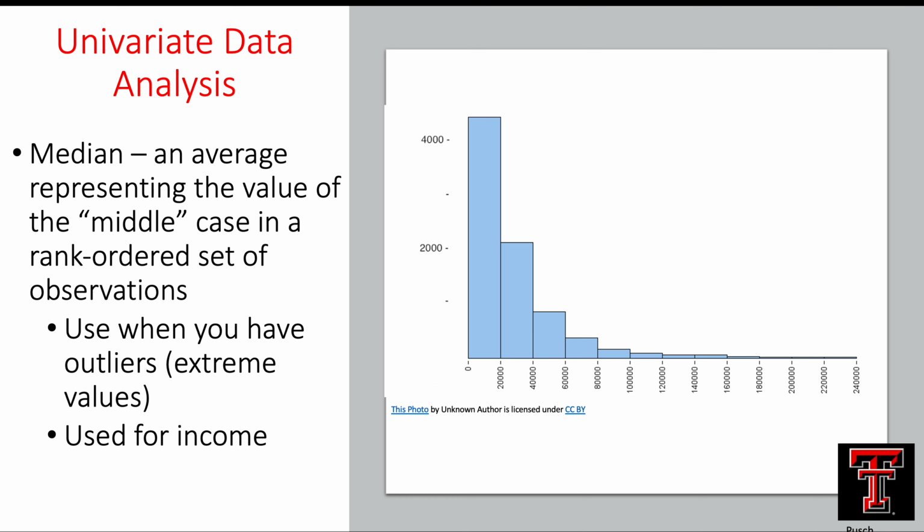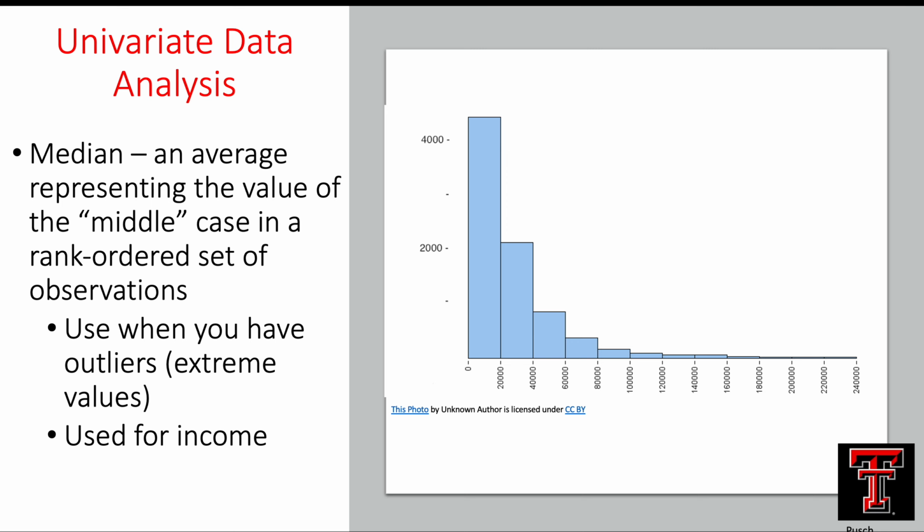You will never see anyone say the mean income. If they do say that, it's probably incorrect. We use median for income because there's always a few people out there, the billionaires, that are going to skew everybody upwards. So we don't want to really include the billionaires. So we're looking at the middle person, if we line everyone up from poorest to richest, we want to look at what that middle person looks like.